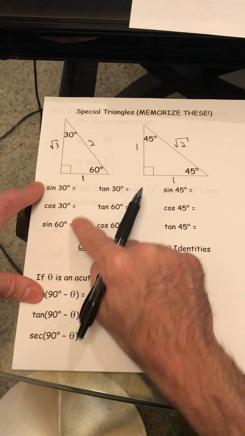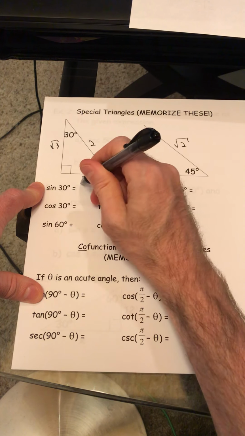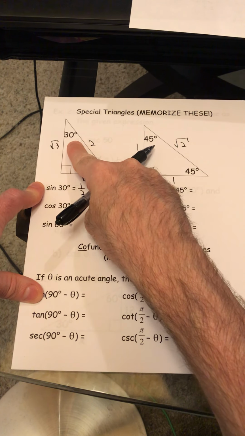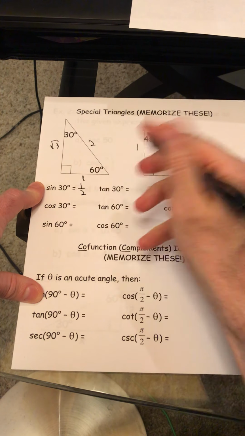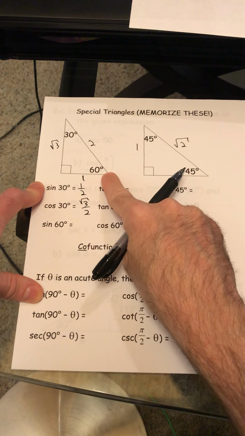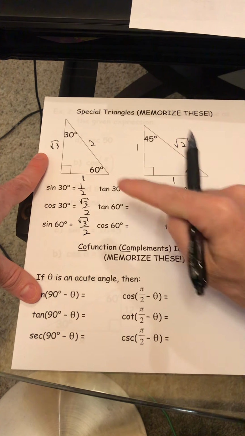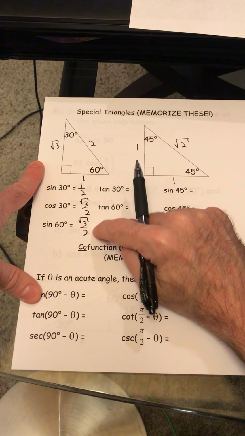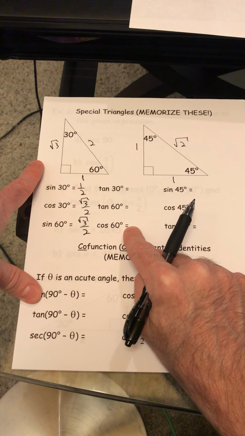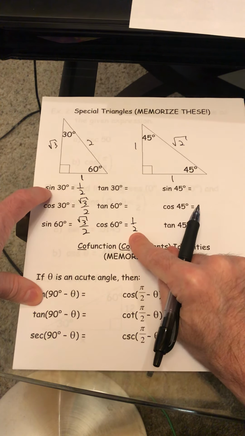So if we now go ahead and set up all of our relationships using SOHCAHTOA here, well, the sine of 30, opposite over hypotenuse, is a half. The cosine of 30, adjacent over hypotenuse, radical 3 over 2. The sine of 60, opposite over hypotenuse. One thing that we'll certainly talk about, these are the same. And then I know I'm kind of going out of order here. The cosine of 60, adjacent over hypotenuse, matches the sine of 30.